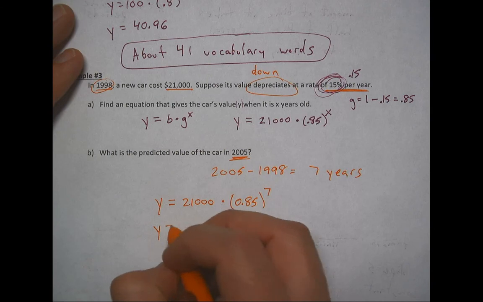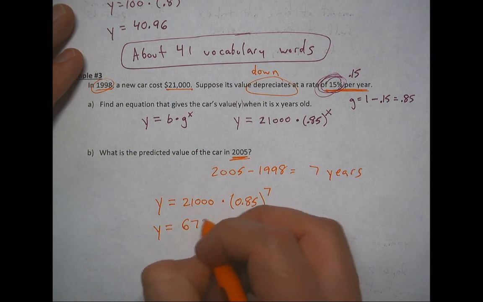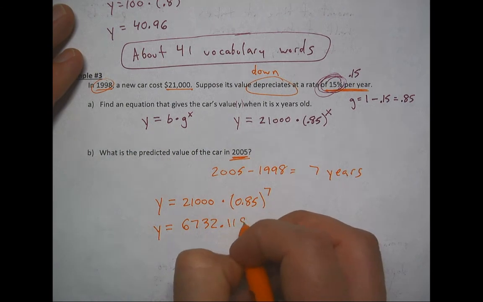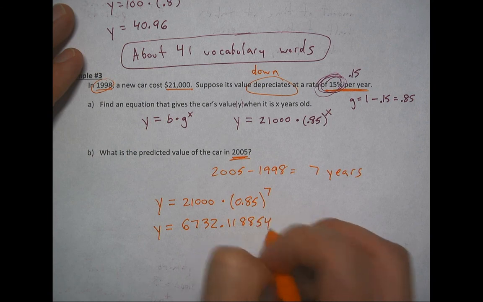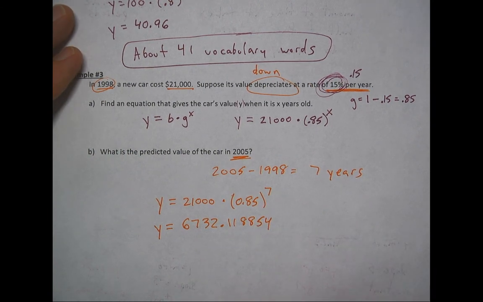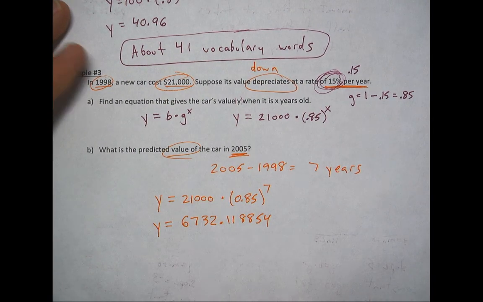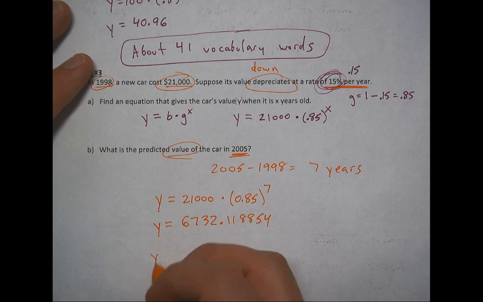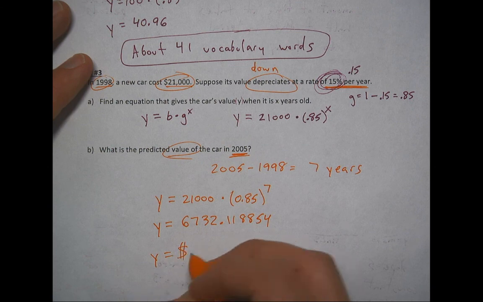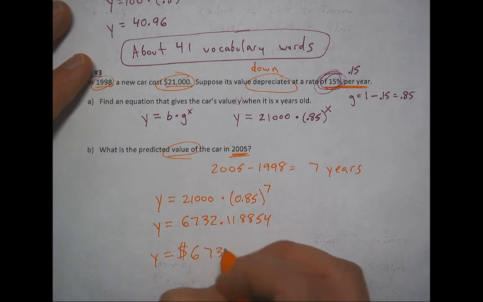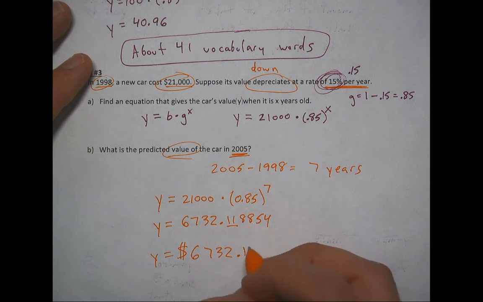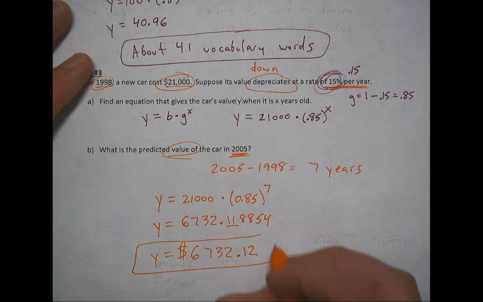Now, when you run this in your calculator, you're going to get a really long decimal. And you always have to look at the context of the question. This specific question is talking about what? The value in money. So we do need to round this. So we're going to say $6,732, and it's 11 cents, but the 8 bumps it up, 12 cents.